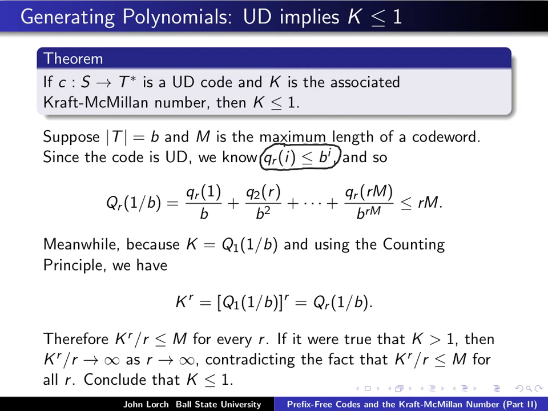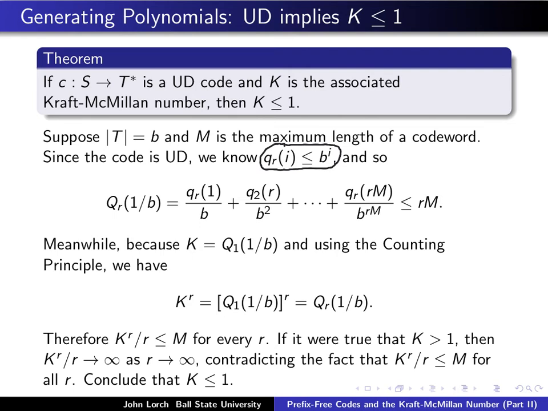If q sub r of i were to exceed b to the i, then we would have to reuse some strings of length i, and we can't do that if our code is to be uniquely decodable. So q sub r of i must be less than or equal to b to the i.